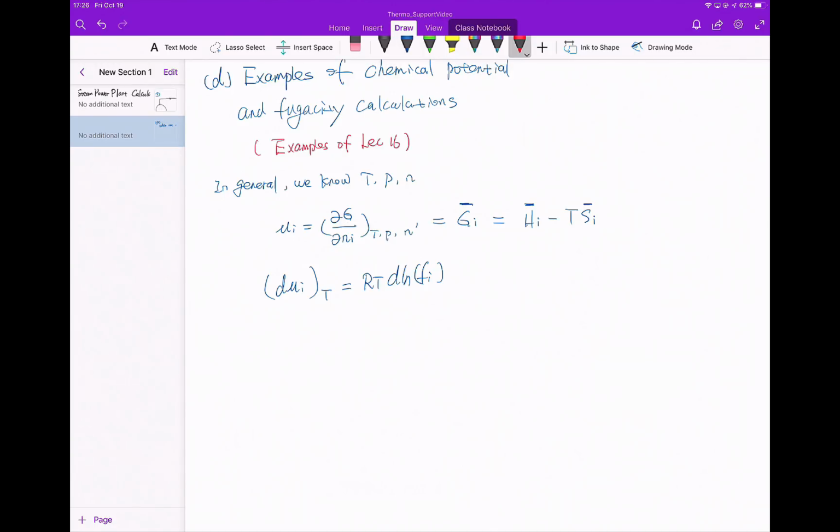So there is a connection of chemical potential, Gibbs energy, enthalpy, entropy, fugacity, and then of course the fugacity is related with the fugacity coefficient, Fi = yi phi i P, and the pressure is here, right?